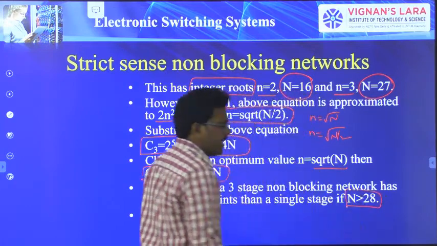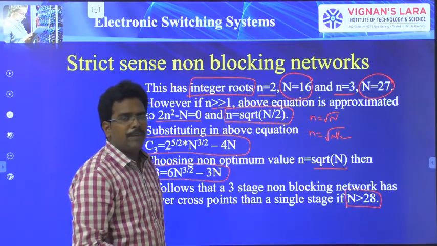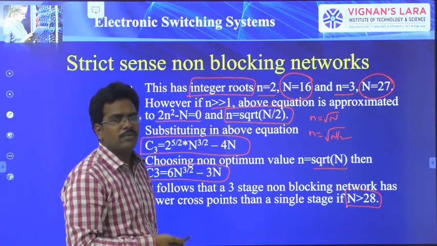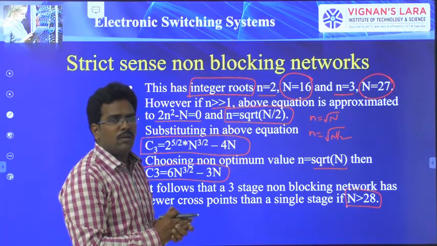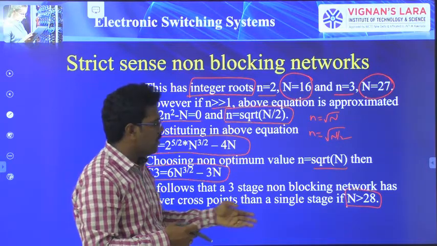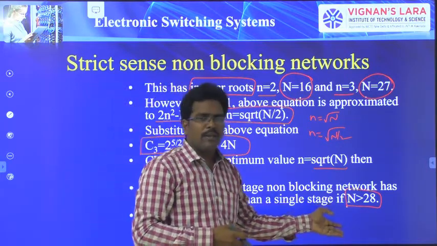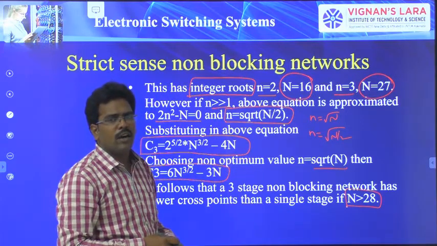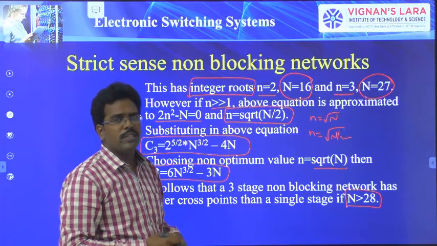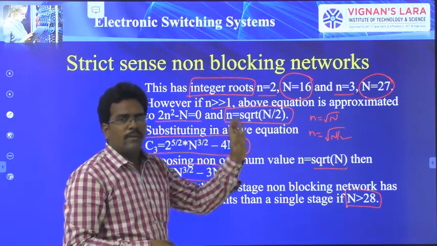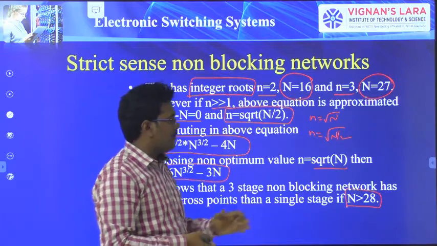Below 28, the number of cross points in 3 stages is more than the number of cross points in a single stage. So to get the smallest number of cross points, we have to choose a value of N greater than 28. Then only the number of cross points in 3 stages is less than the number of cross points in a single stage. If you keep on increasing the number of stages, you can reduce the number of cross points further.